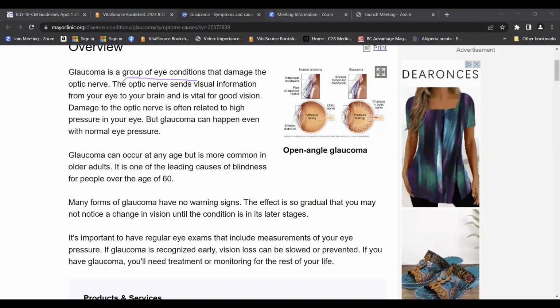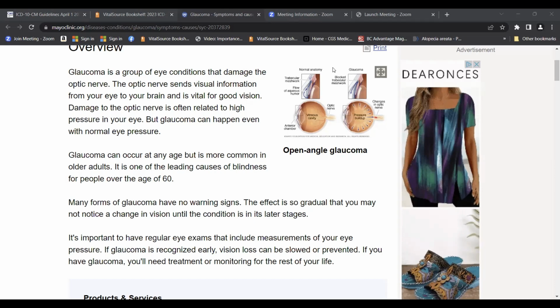Damage to the optic nerve is often related to high pressure in your eye, but glaucoma can happen even with normal eye pressure. It goes on to mention that it can happen gradually. It is the leading cause of blindness in people over the age of 60. And it also mentions that it can occur with no warning signs. So it would be a good idea to have your eyes checked on a regular basis.